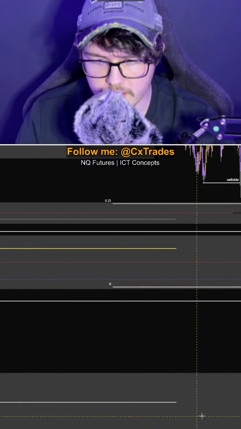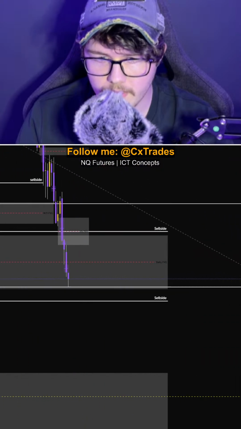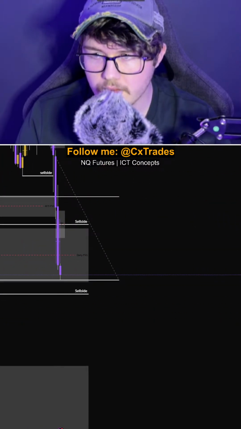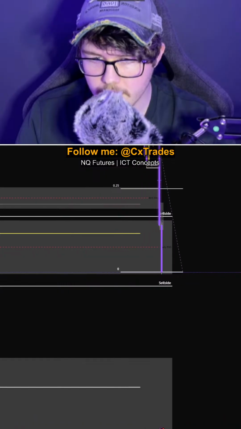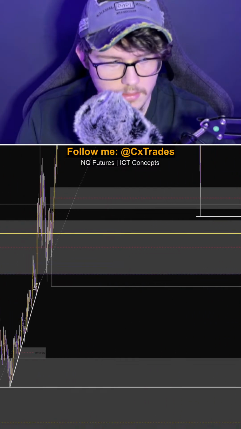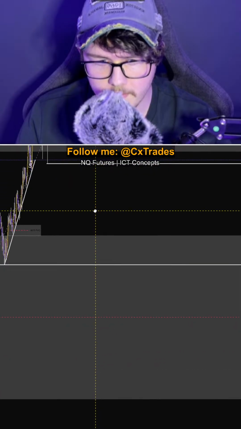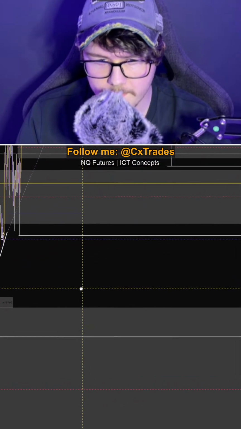There is also a low resistance liquidity run. We go up a time frame with the 5 minute. You can see it's right here. There's a huge H4.